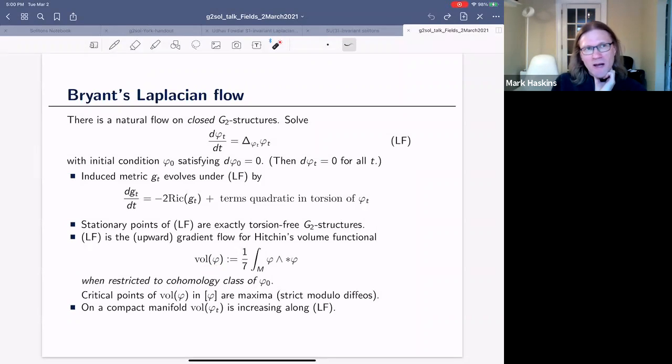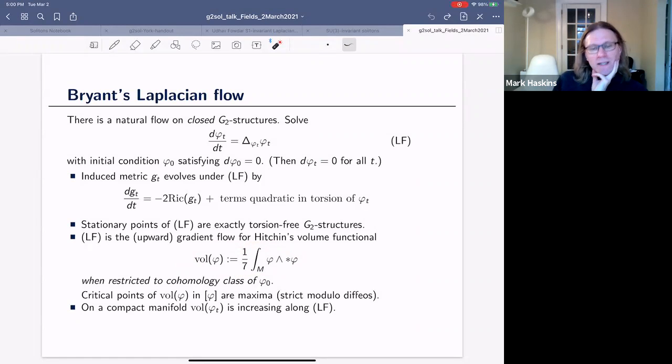Therefore, I can also talk about Hodge star, and therefore I can take phi wedge star phi, and on a compact manifold, I can then integrate that. Then, given some initial phi 0, I fix that cohomology class and now vary the volume functional restricted to that class.